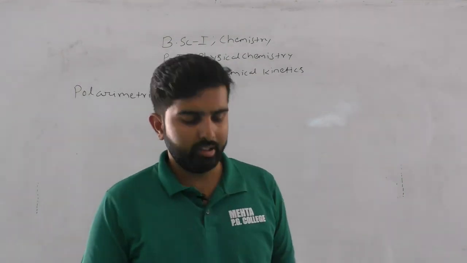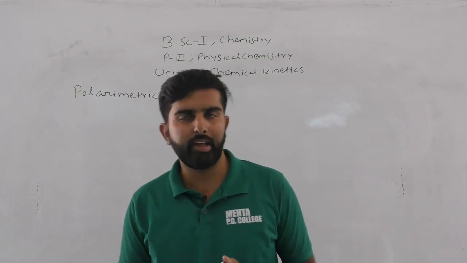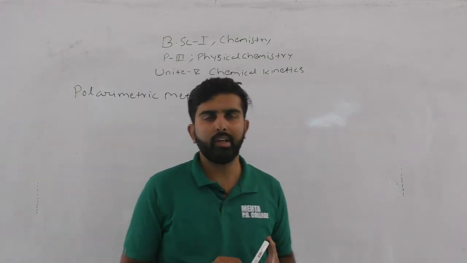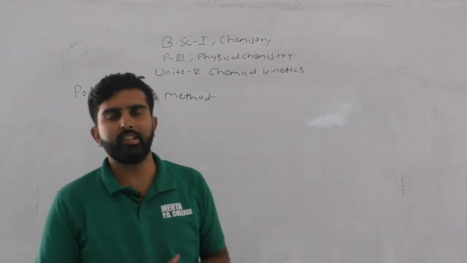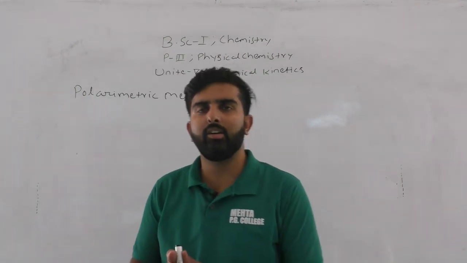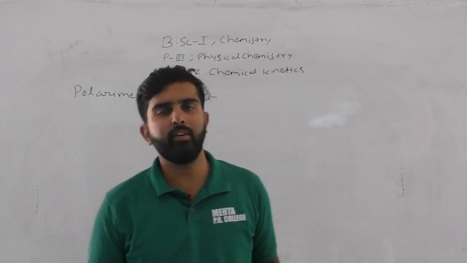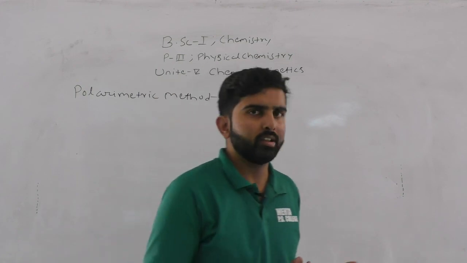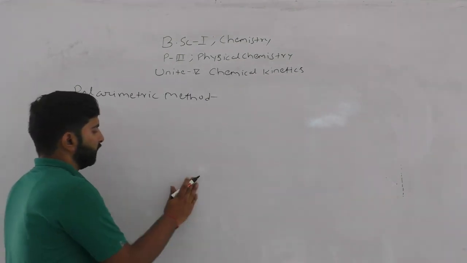This method is used for the species which have optical activity. Means this method to decide the reaction kinetics can only be useful for reactant species which have optically active nature. So first we discuss what is optical activity.